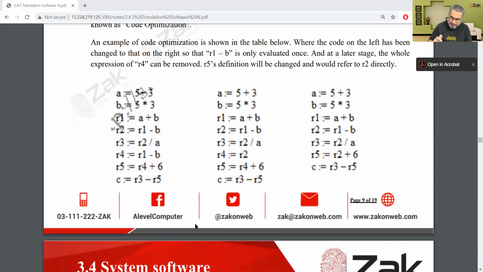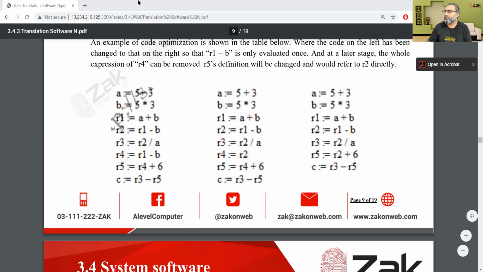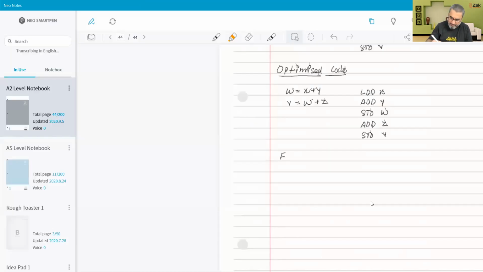Code optimization factors are those factors were time, after time it is storage space, after space it is memory and CPU use.